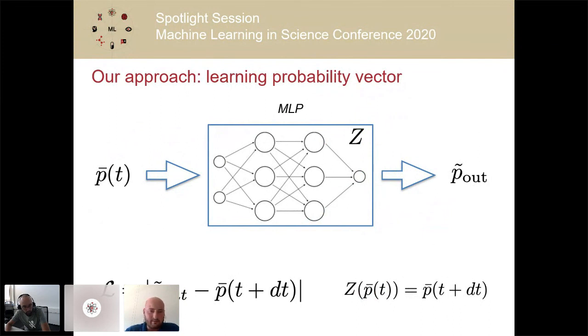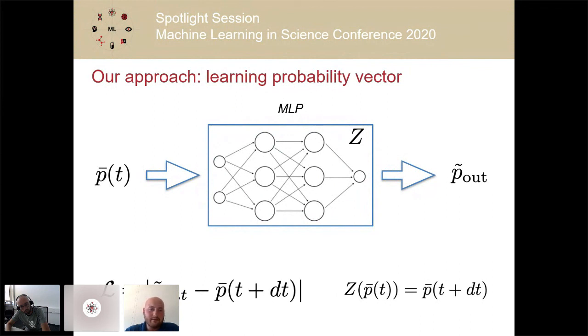In particular, we are designing both an MLP, a multi-layer perceptron, and also a variational autoencoder in order to study the dynamics. And I hope that there will be results very soon, because this is highly non-trivial.